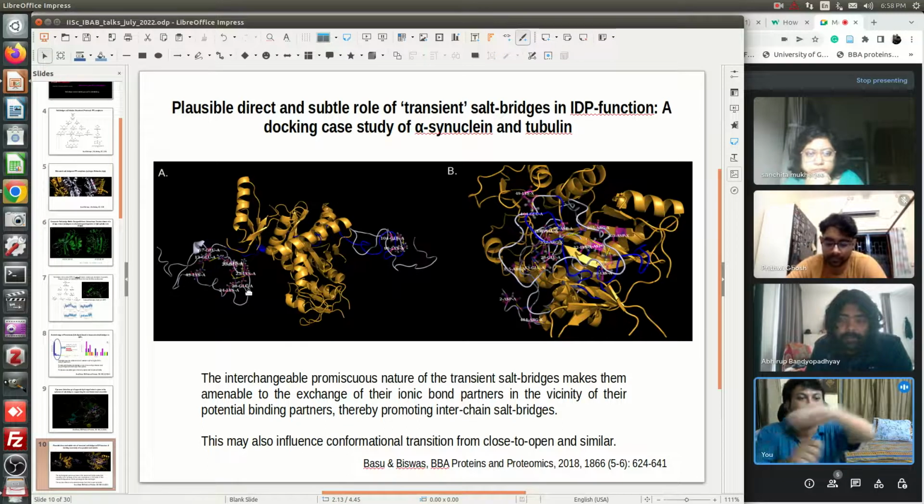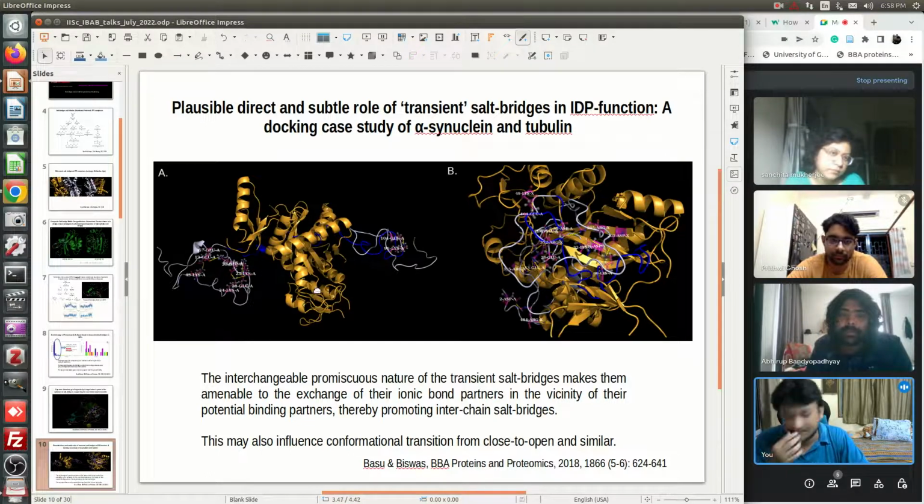So basically it wraps around the tubulin structure, that is the closed conformation, and obviously then at least a significant part of the interaction is stabilized by formation of interchain salt bridges.